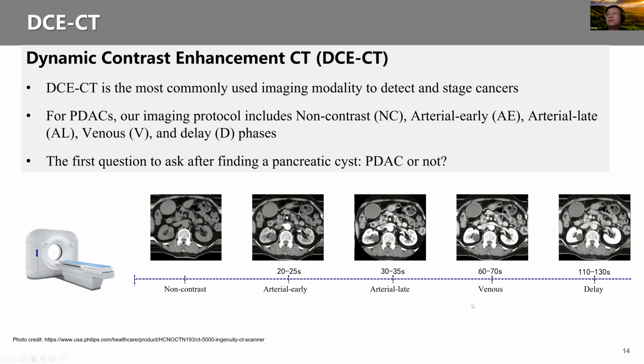Yeah. So for this problem, we have a sophisticated imaging protocol with 5 phases. 5 phases is relatively rare, I have to tell you. But it can be done. When you have a modern CT machine, you can do this. It's just that the patient will have more radiation dose.